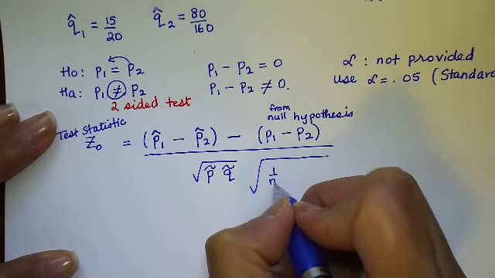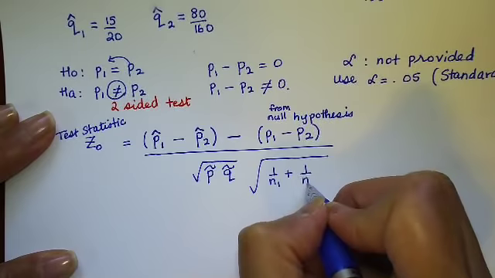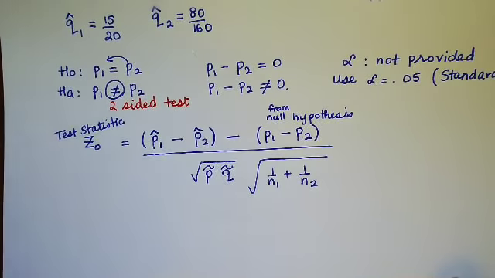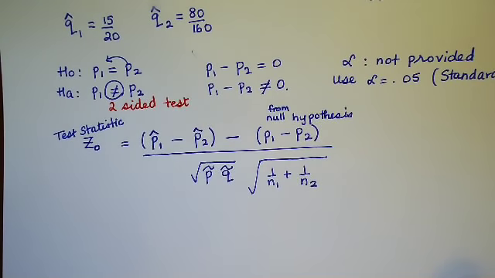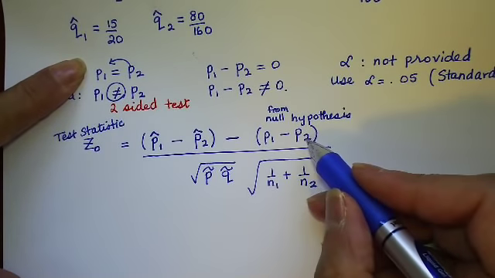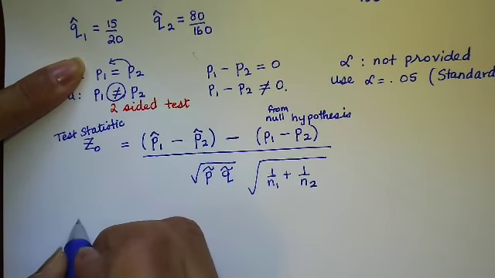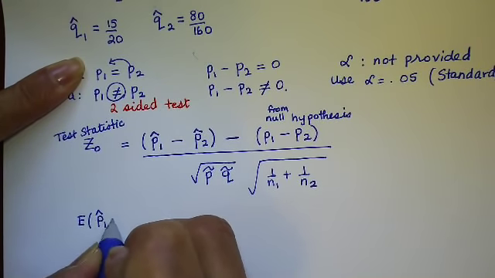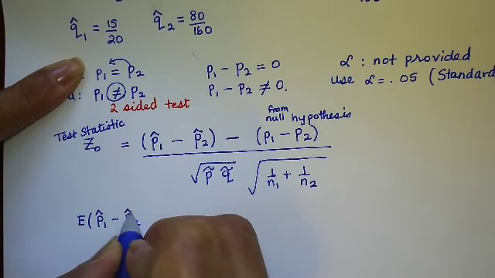radical P tilde Q tilde radical 1 over n1 plus 1 over n2. I'm going to show you in detail how I arrived at these. This, of course, is the mean of p1 hat minus p2 hat, like the following.